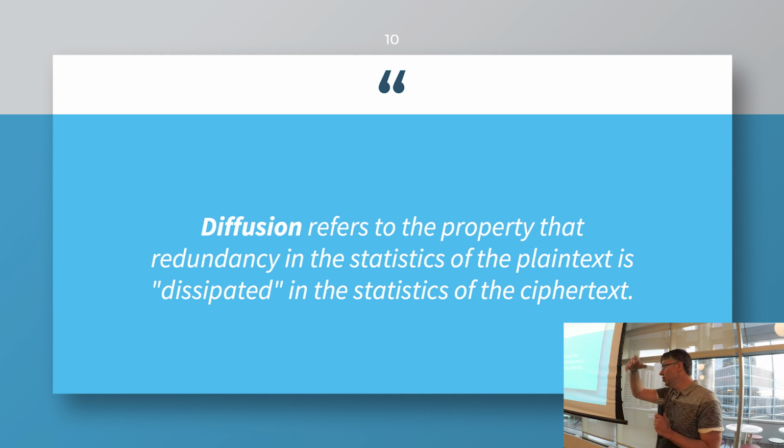So we want to diffuse any errors across our calculation. These two factors together produce what is called the avalanche effect, where one tiny change in your key or in the message you're trying to encrypt completely changes the ciphertext. That's the property we need for secure encryption.